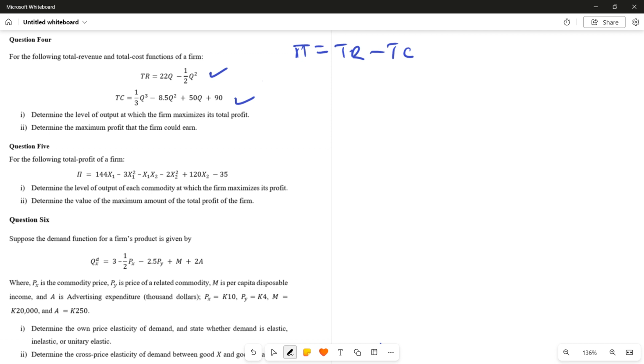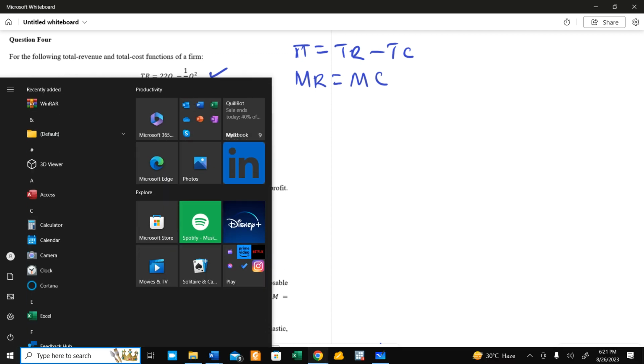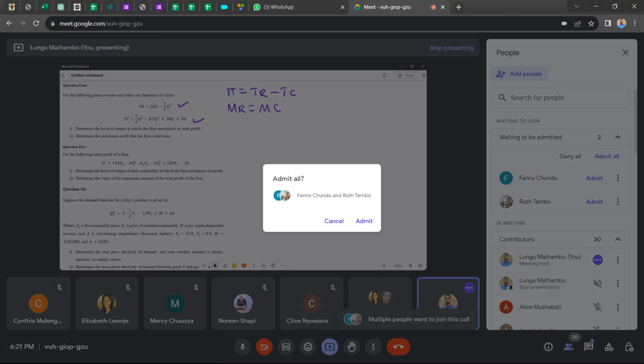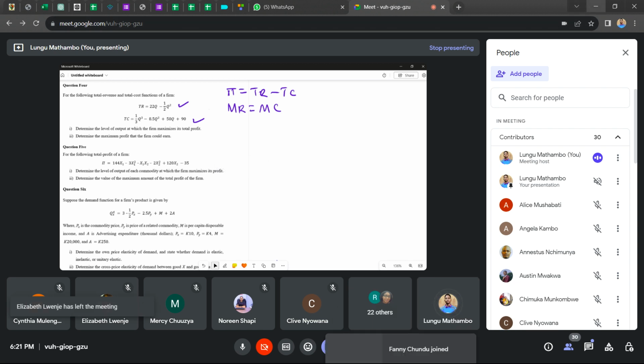But for us to find the level of output at which the firm is going to maximize its total profit, we have to equate marginal revenue to marginal cost. So that's our target now, to find those two equations.